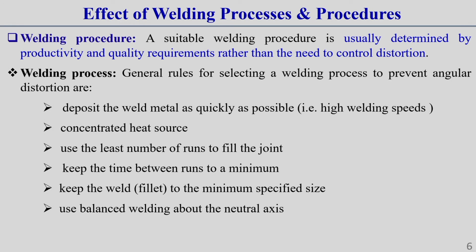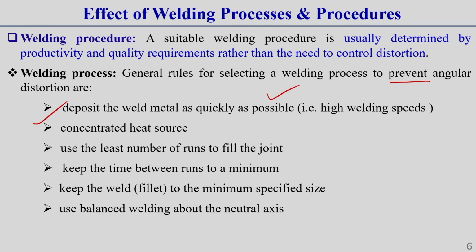But another requirement is also there, the need to control the distortion. That is why it is observed that the welding procedure has a significant effect on welding distortion. Here, the general rule for selecting a welding procedure to prevent angular distortion is that we should follow the following aspects. The welding process should deposit the weld metal as quickly as possible.